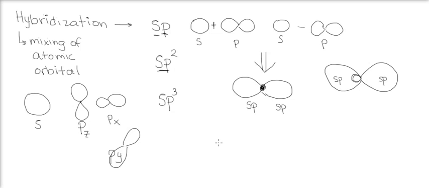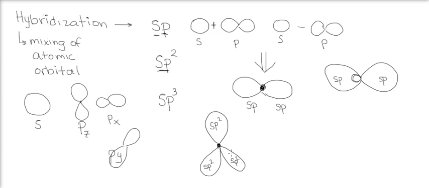And the general shape of these sp2s, all combined together on a single atom, is going to look as such. So it'll look like a three-leaf clover, and each of these lobes is an sp2 orbital.